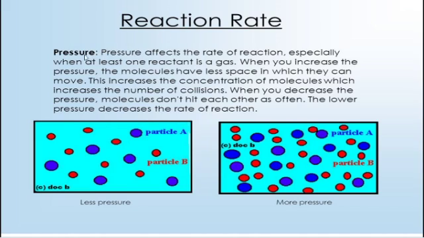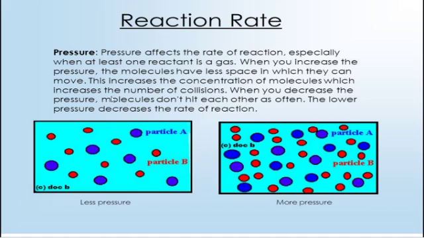Reaction rates and pressure. Pressure affects the rate of the reaction, especially when at least one reactant is a gas. When you increase the pressure, the molecules have less space in which they can move randomly. This increases the concentration of molecules, which increases the number of collisions.